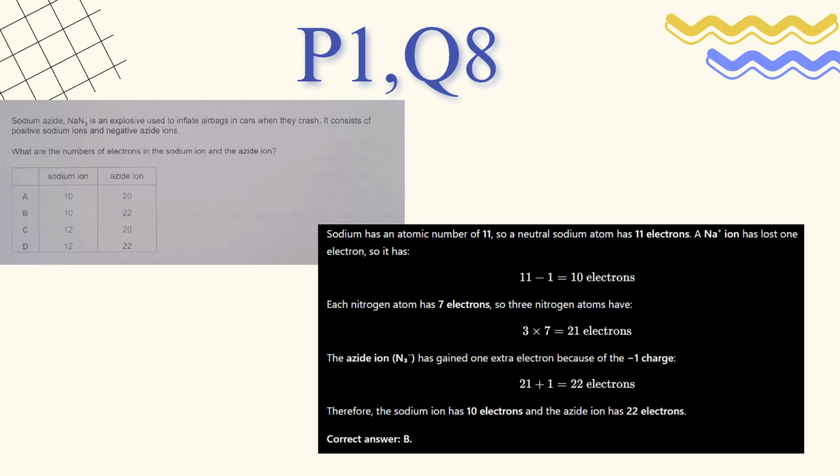The sodium ion has lost one electron, so it has 11 minus 1, which is 10 electrons. Each nitrogen atom has 7 electrons, so 3 nitrogen atoms, 3 times 7 equals 21 electrons. The azide ion has gained 1 extra electron because of the minus 1 charge, so 21 plus 1 is equal to 22 electrons. So the correct answer is B, for the sodium ion 10 and azide ion 22.